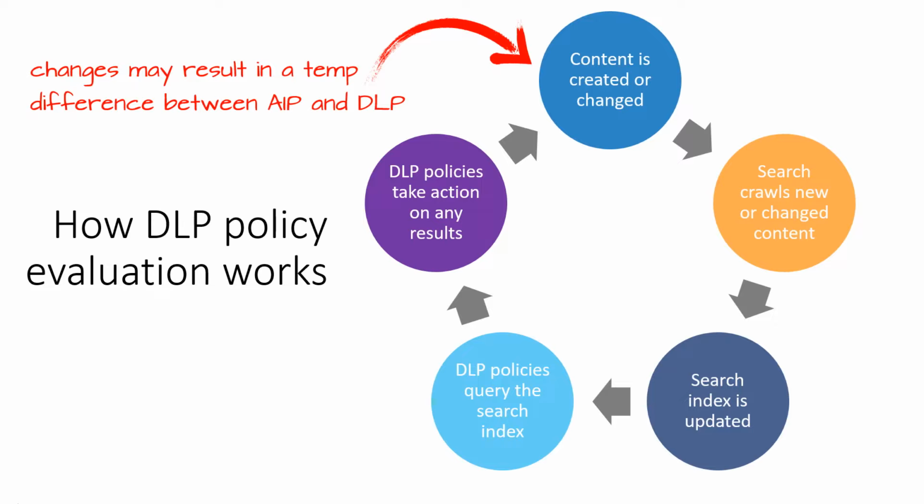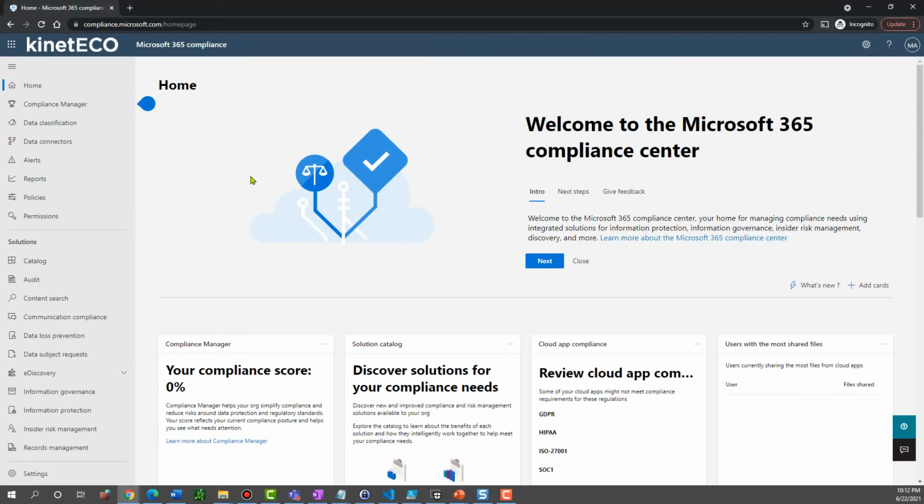So they're all sharing those same sensitivity labels, and we define these one time. But the way information protection works in labeling a document and the way DLP works can result in some temporary differences. Why don't I just show you a sensitivity label in data loss prevention quickly.